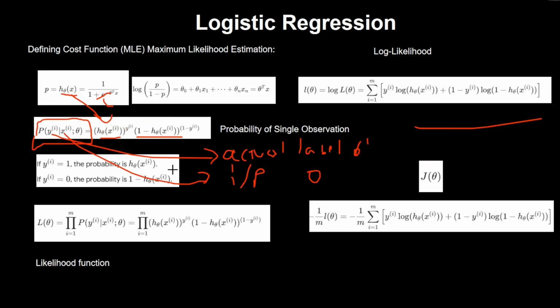If the actual label is 0, this term will be activated, which is 1 minus the predicted probability. If we have it as 1, then 1 minus 1 will be 0, and this value will be activated, and we get the formula for the single observation when the actual label is 1. So it can be used to alternate between these two. That's why we represent it in this way.